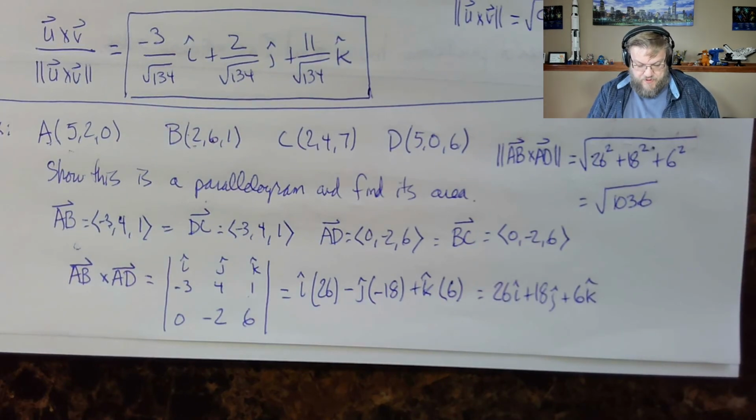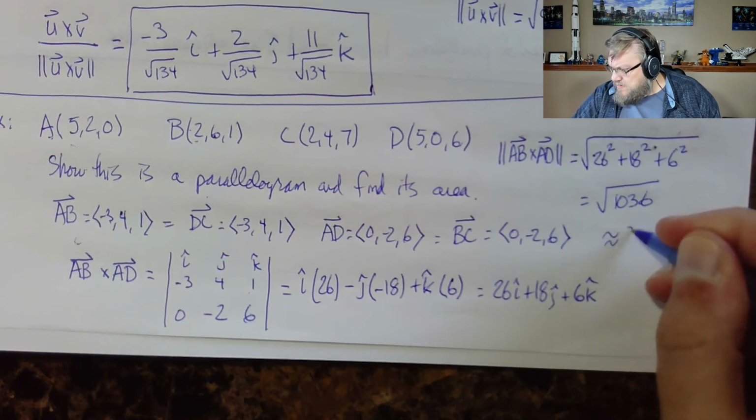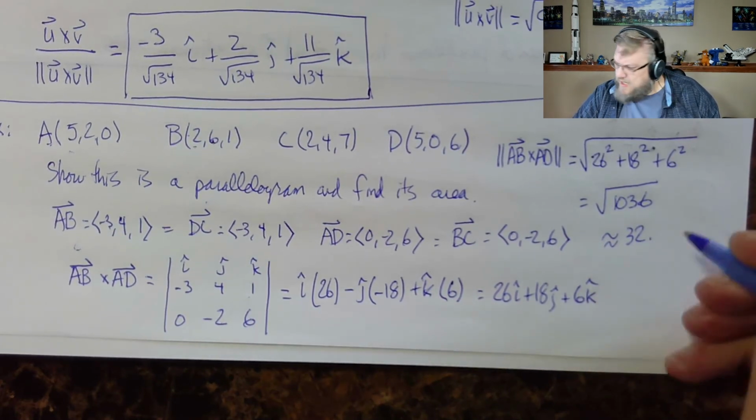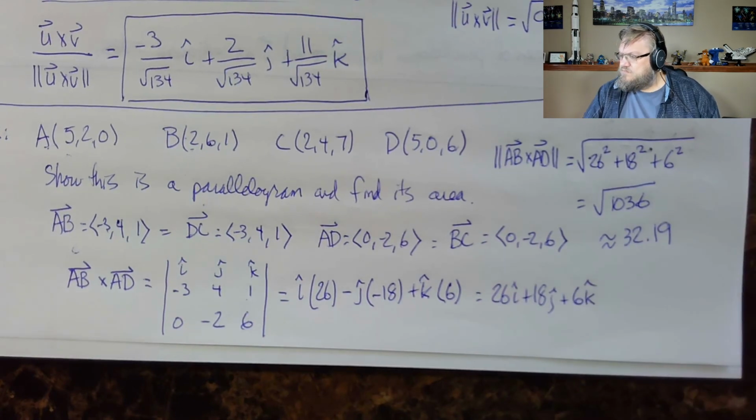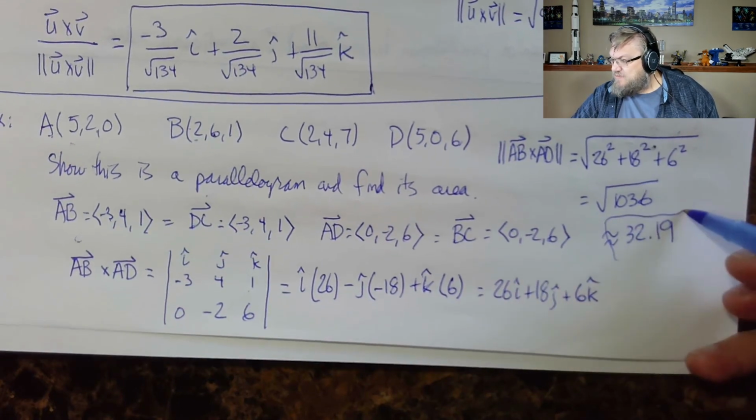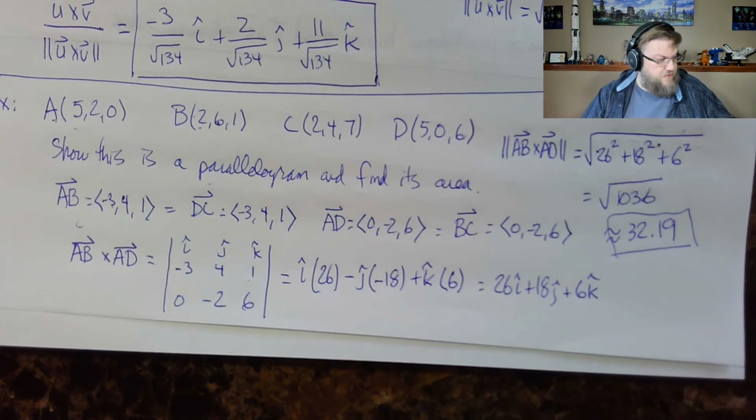And the square root of 1036 is 32.19. And so there we have the area of that parallelogram, 32.19 square units.